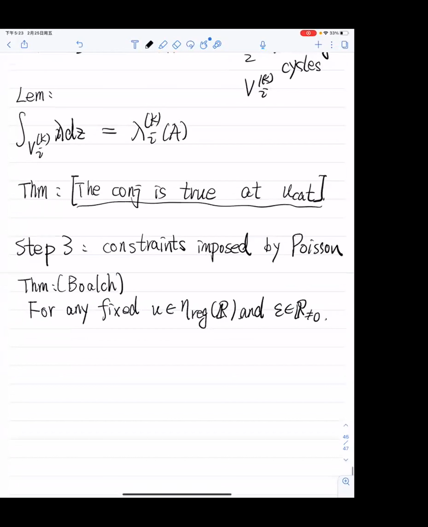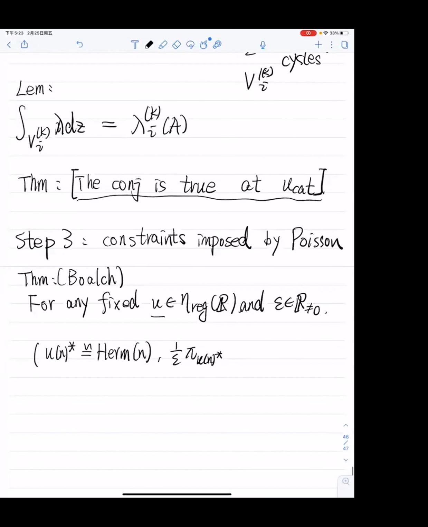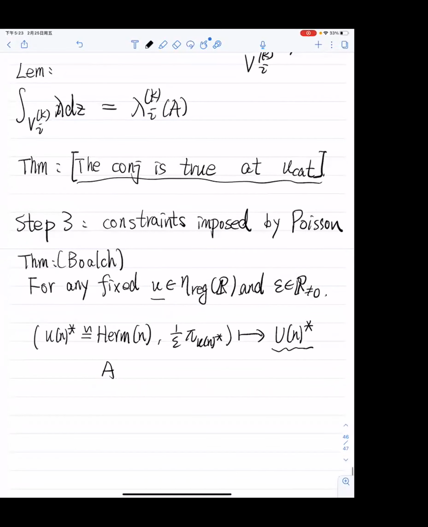So that is the following Riemann-Hilbert map for any fixed U. The Riemann-Hilbert map takes the Stokes matrix of the ODE determined by U and A, where A lives, to the space of upper triangular matrices with real diagonals.